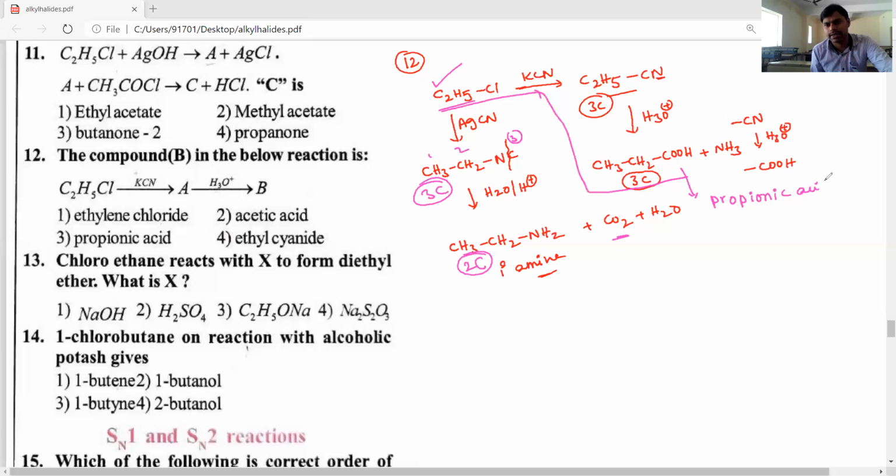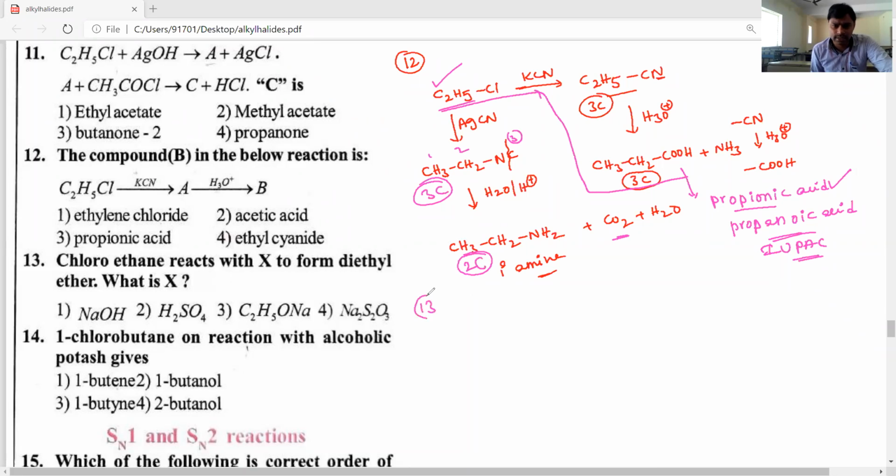IUPAC name is propanoic acid, the 3 carbons containing acid. Okay, students. So cyanides on hydrolysis produce acids. Isocyanides on hydrolysis produce primary amines.